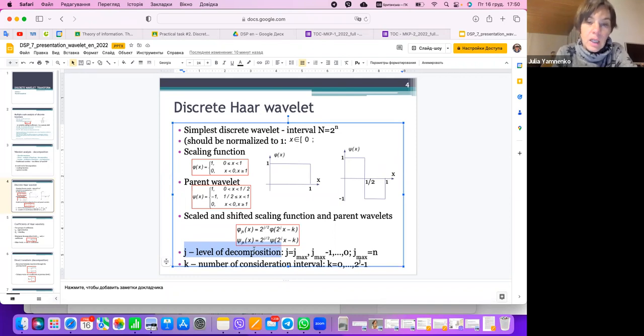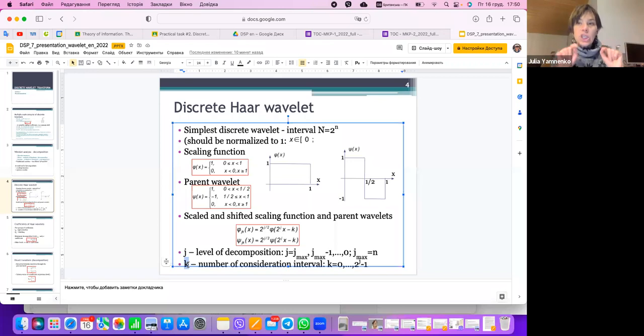The next variable is K. And this K is a second counter that will be used during the wavelet decomposition. It will be considered like an internal counter.